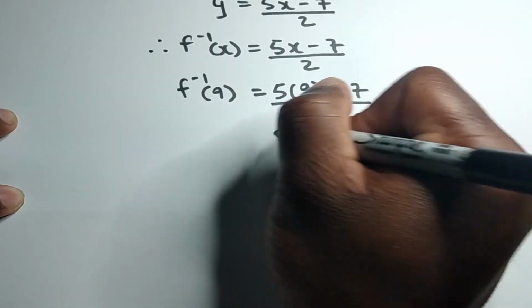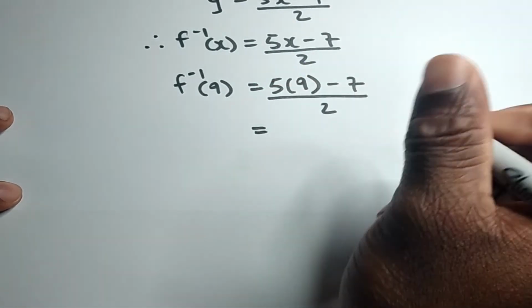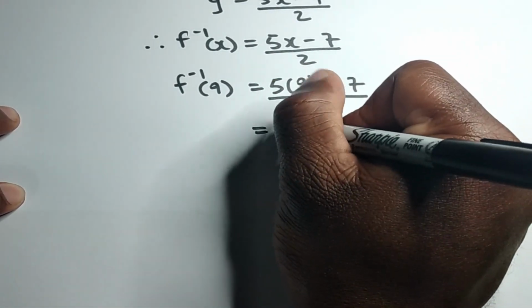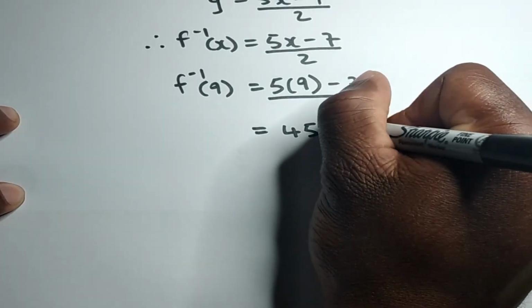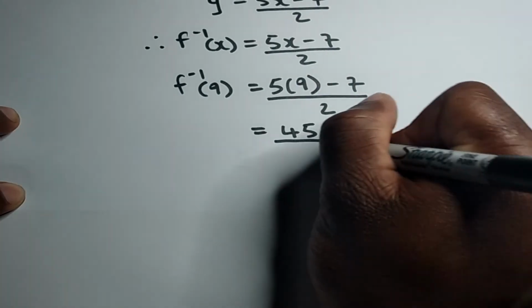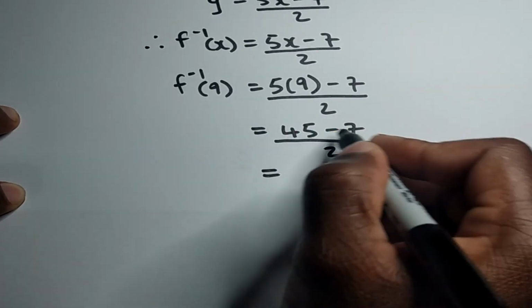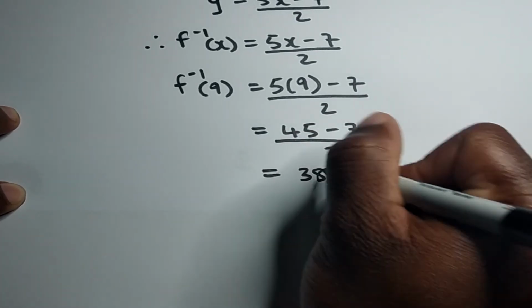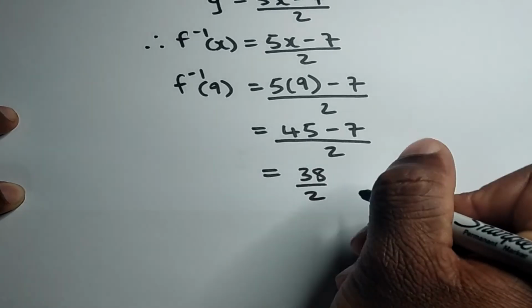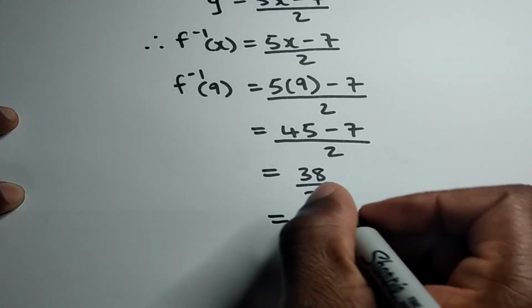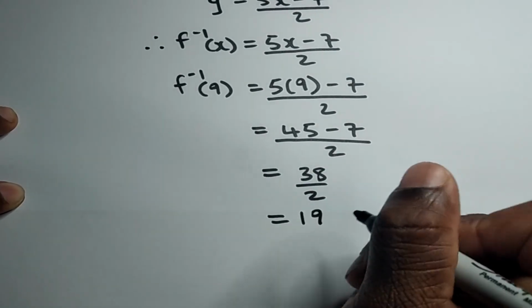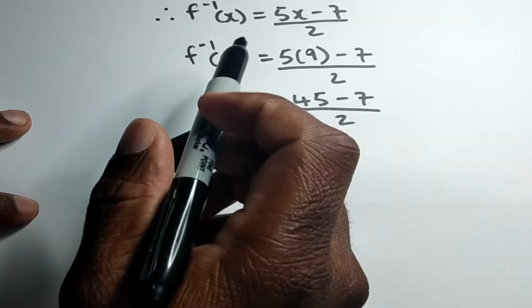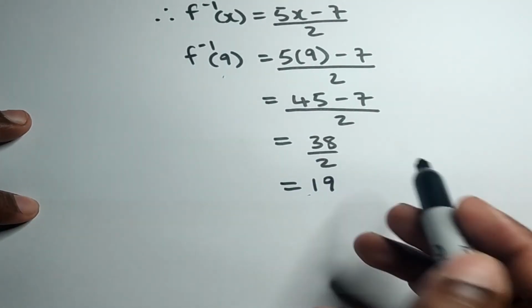What do I get when I simplify this thing? 5 times 9, that's what? 45, minus 7 over 2. 45 minus 7, that's 38 over 2. And 2 goes into 38 19 times. So therefore, f inverse of 9 is actually 19.